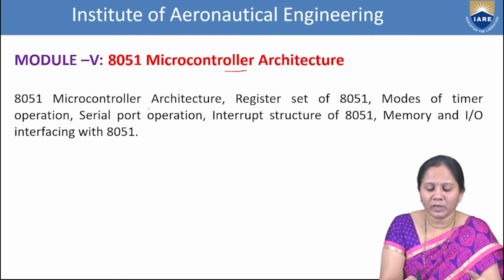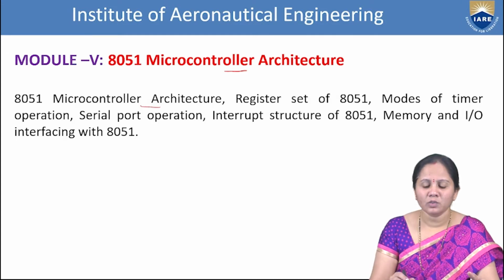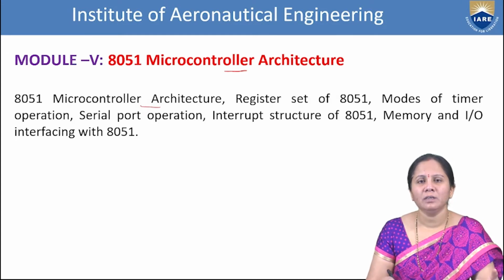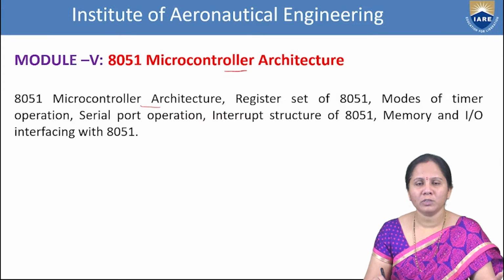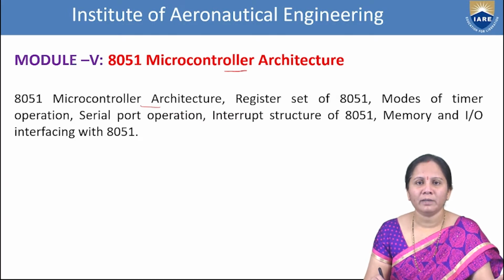Next we went for the 8051 microcontroller architecture. In the architecture, we saw the different blocks involved: the oscillator circuit, the timing and control circuit with its different timing and control signals, and the registers available like A, B, program counter, stack pointer, and program incrementer.